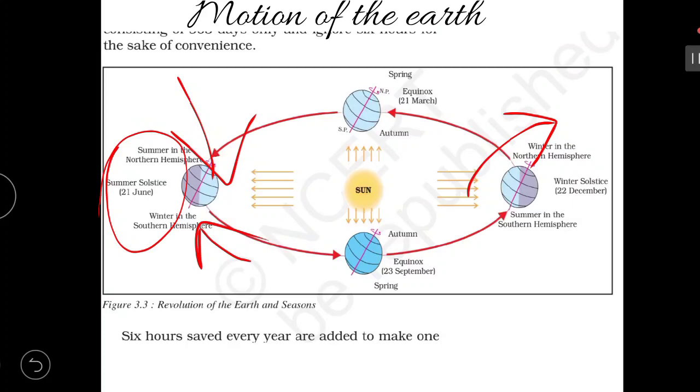So the largest portion of the southern hemisphere gets light. Therefore, it is summer in the southern hemisphere. Similarly, the reverse happens in the northern hemisphere. So this position of the northern hemisphere is called winter solstice.